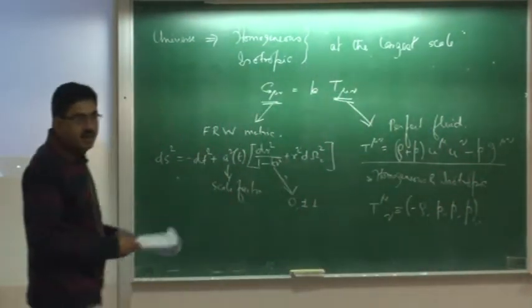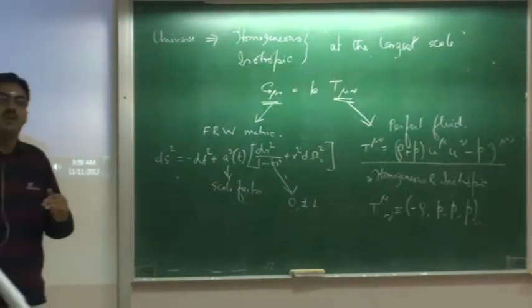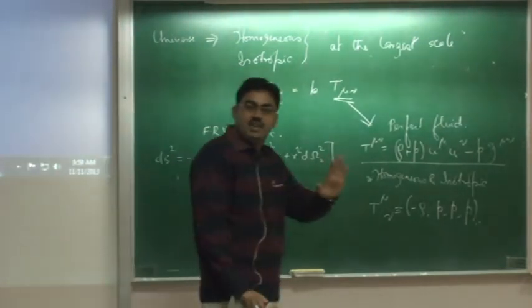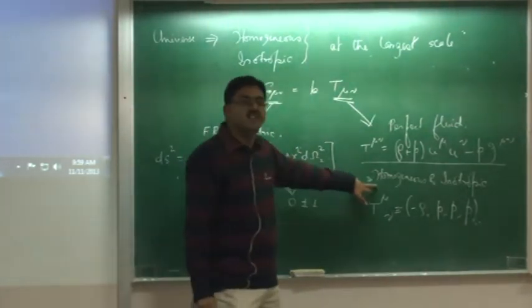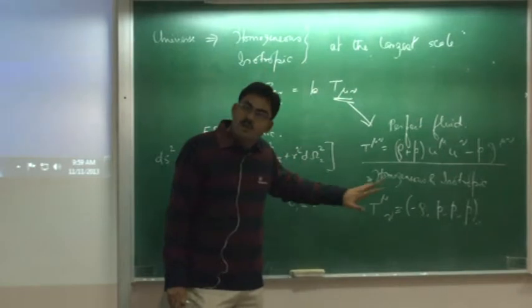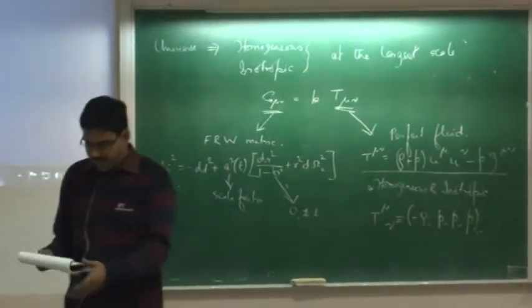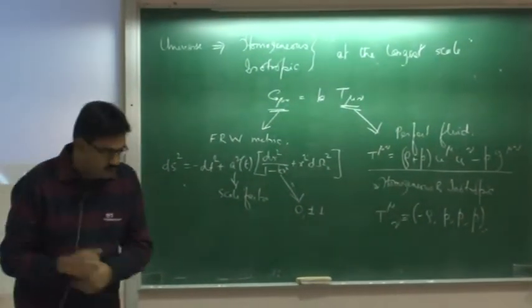Okay, so in 4 dimensions you have just 4 diagonal components, and you don't have any off-diagonal component because you are considering your background space-time to be homogeneous and isotropic. Is this point clear to everybody? Okay, fine. So let's proceed from here.